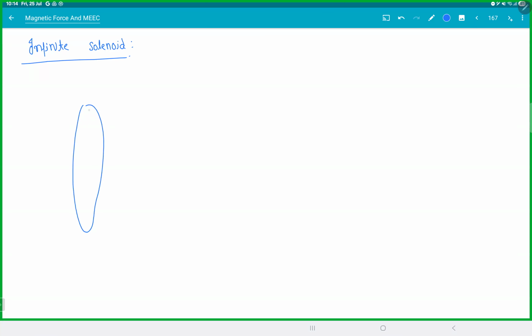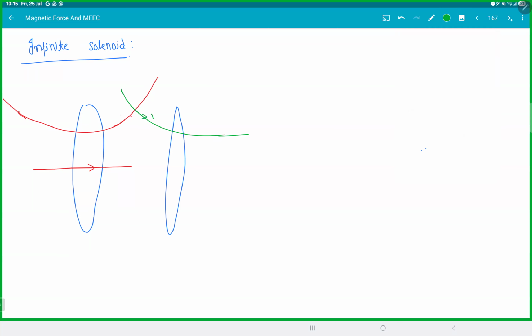In the entire solenoid, if you take any two rings symmetrically, see here, if this is the magnetic field B, you will notice the field is horizontal here.